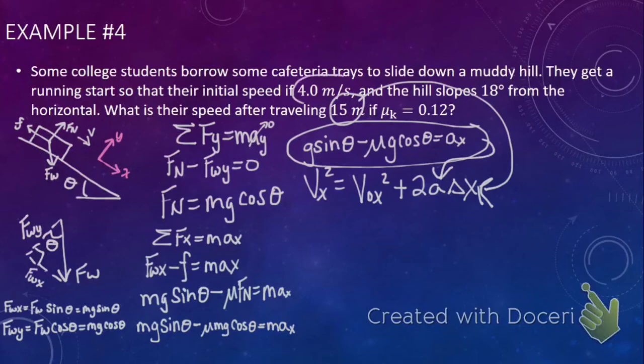We have an initial speed from our problem, which gives us that there.